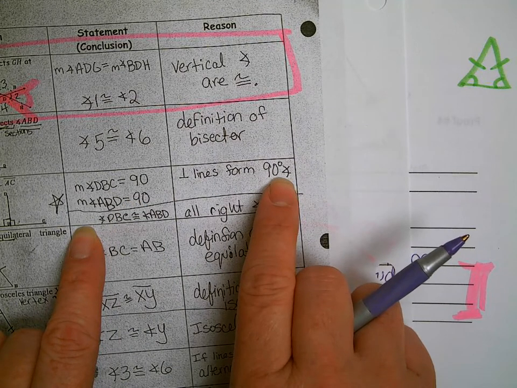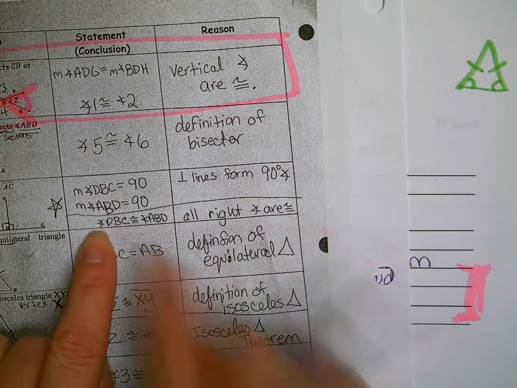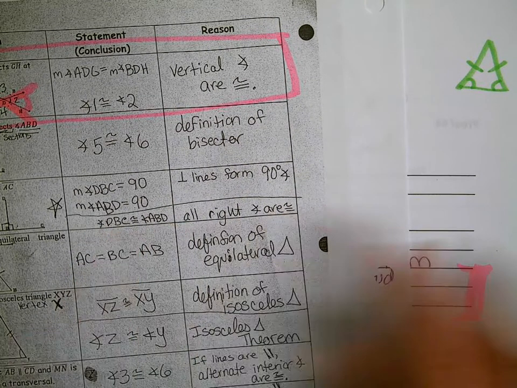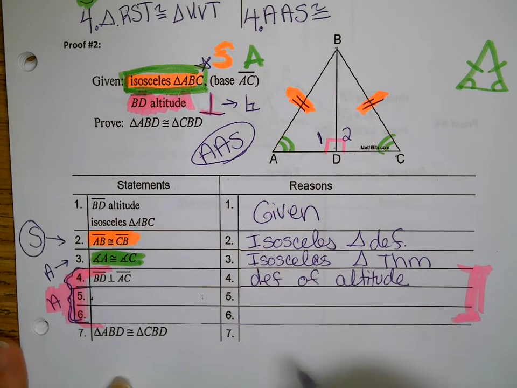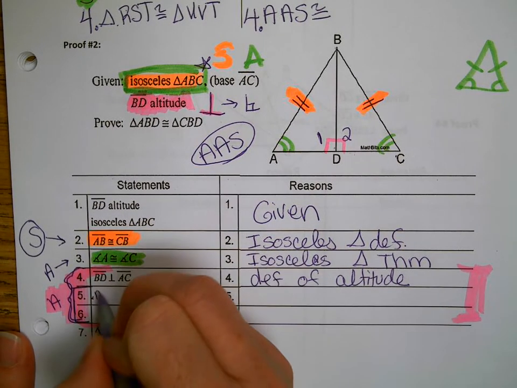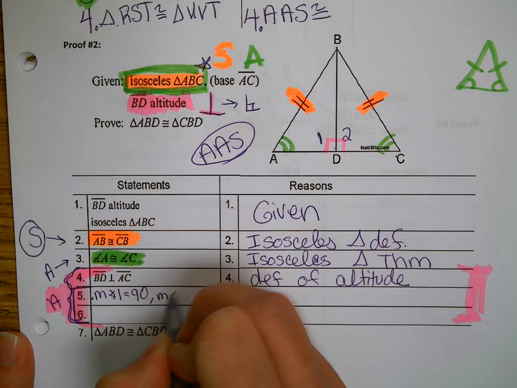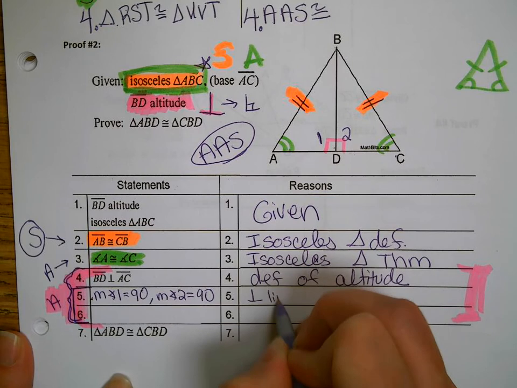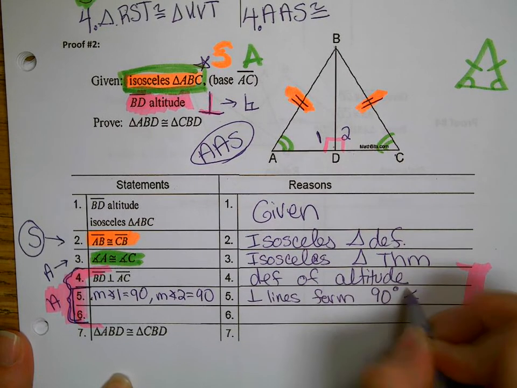Perpendicular lines form 90-degree angles. Statements 5 and 6 go hand in hand.